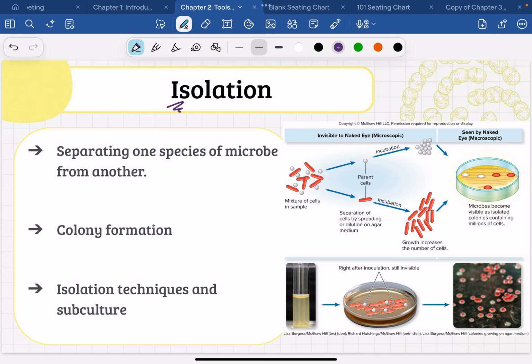And there's a lot of reasons why that might be important, but specifically for clinical samples, it's really important for us to separate what is causing an infection from what is not, right? Remember that there is bacteria growing on and in every surface of your body, just about. There are a couple that don't have any, but just about everything on and in your body has some kind of bacteria in it.